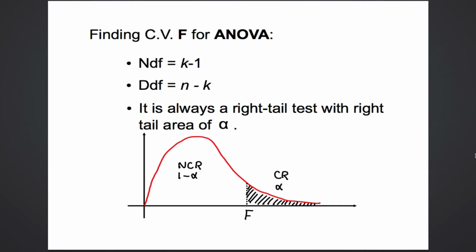So if the total sample size is 35 and K is equal to 5, then the denominator degrees of freedom will be 35 minus 5. Like I said earlier, it's always a right tail test with the right tail area of alpha, where alpha is our significance level. And if alpha is not given, we always use 0.05.